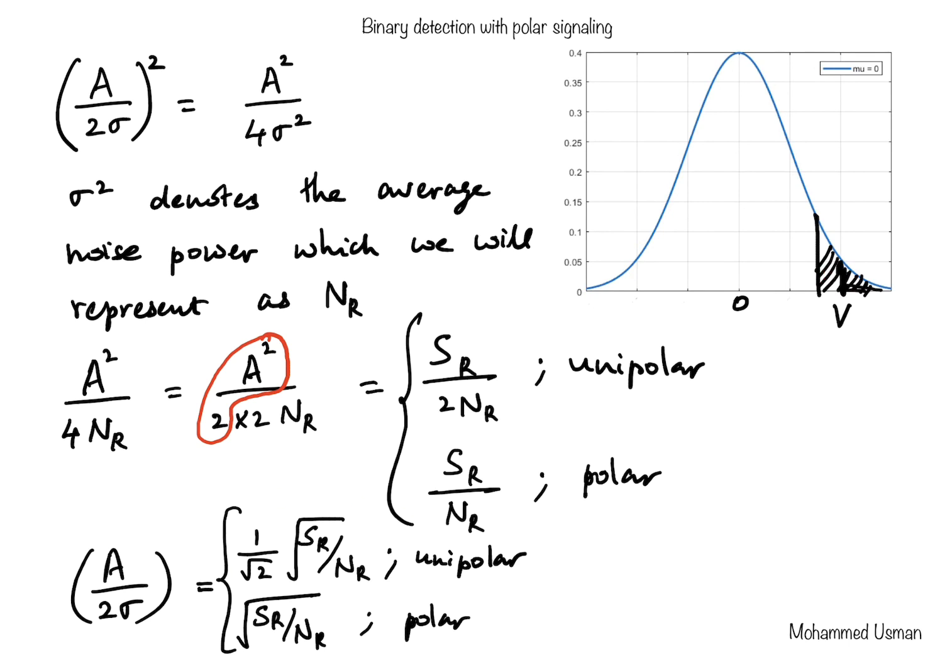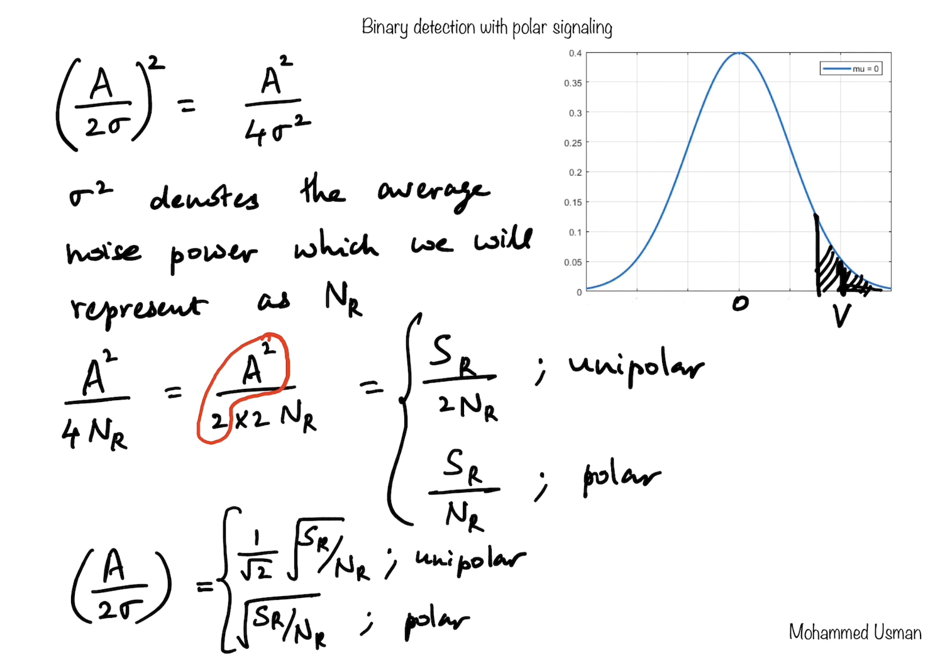So even though in terms of the expression they look very identical, in reality the error probability corresponding to unipolar is actually going to be larger, because this threshold for the Q function is smaller in the unipolar case by a factor of root 2.